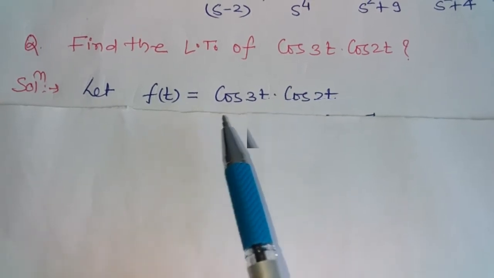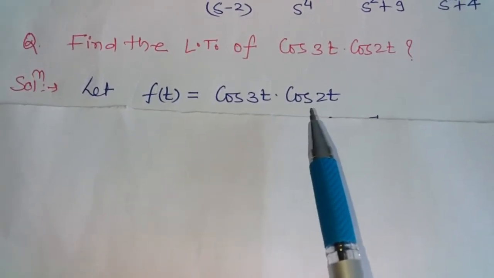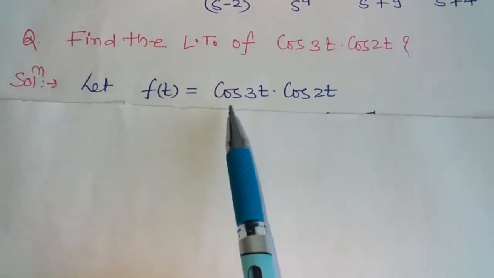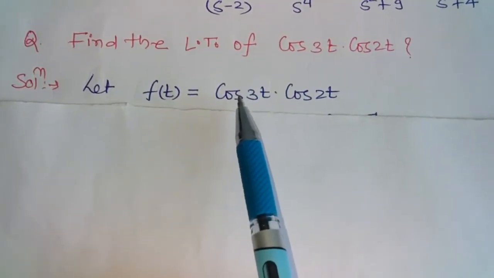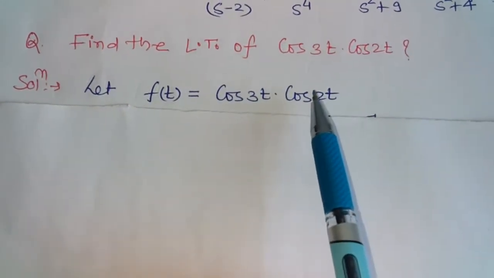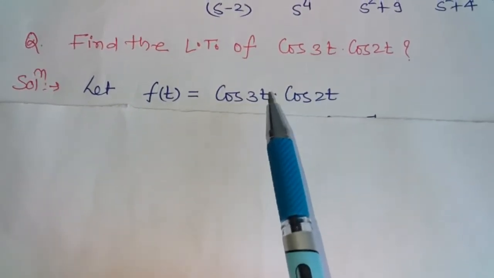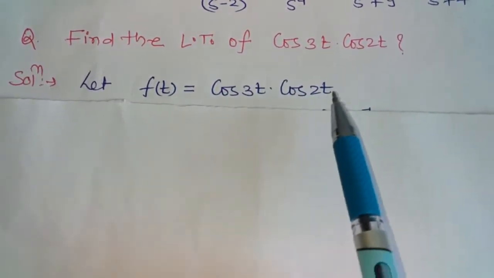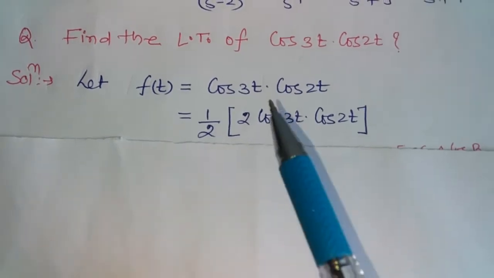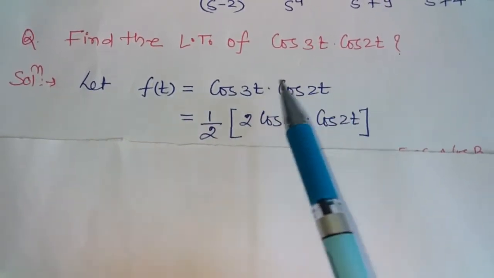And since we don't have any formula to find the Laplace transform of a product of two trigonometric functions, first we reduce this product in terms of a sum or difference of two trigonometric functions, and for this we multiply and divide this expression by 2.